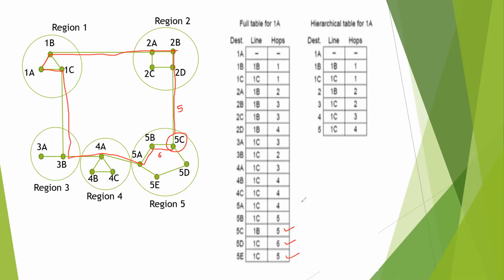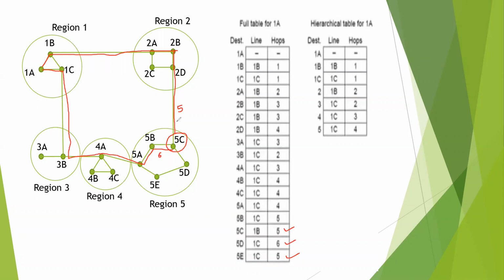So this is how the table was created in earlier algorithms, not in hierarchical. In earlier algorithms we have seen so many algorithms, including the link state algorithm, and others previous to that. Like this, the table used to be created. But here, each router will contain all the information.